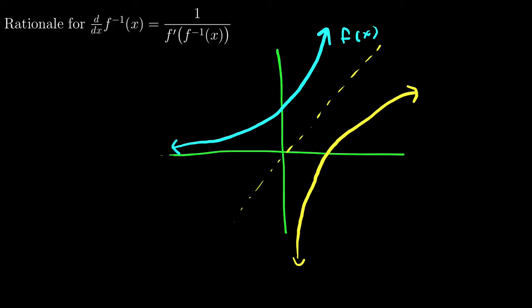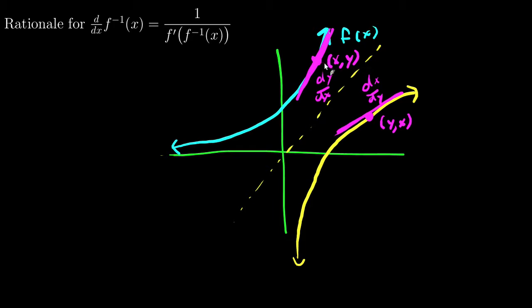And here's what happens. If I have a point here on the original function with some tangent slope here, this point corresponds to a point on the inverse with a tangent line that just flips the x and the y.